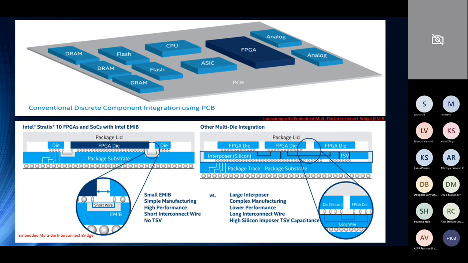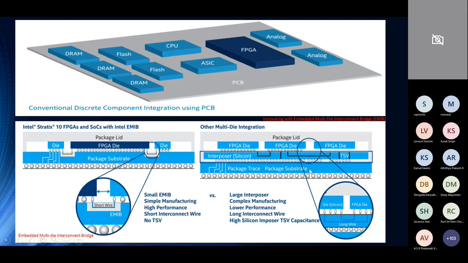EMIB stands for Embedded Multi-Die Interconnect Bridge. The whole idea is, this picture talks about connecting multiple FPGA die. It could be any kind of silicon die. So you have these 3 individual FPGA die, and you want to connect these through some system.